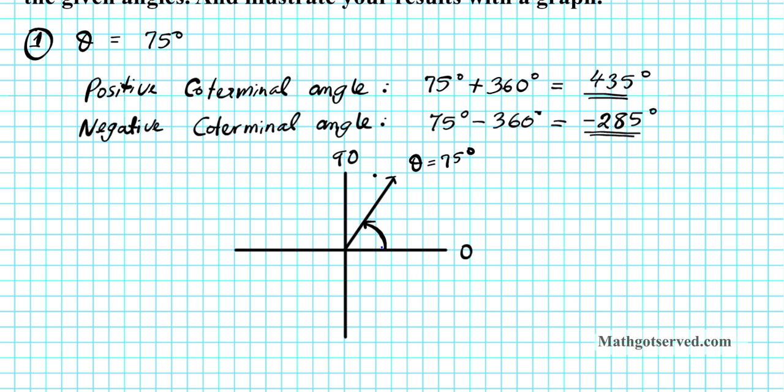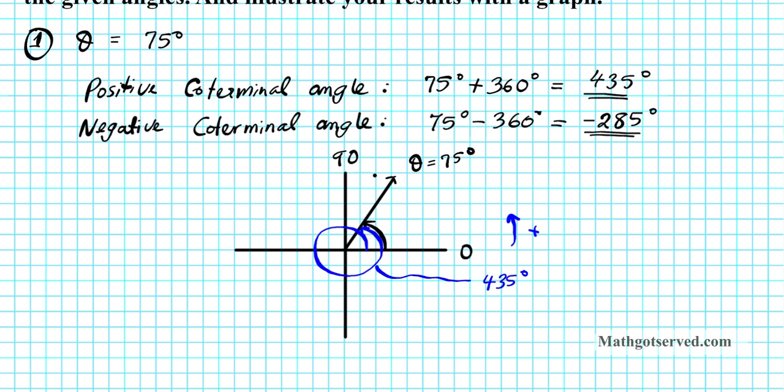For the first positive coterminal angle, remember when you go counterclockwise, that's adding. So we go counterclockwise from 75, and then a full circle around right there. That is equal to 435 degrees. That's your first positive coterminal angle.